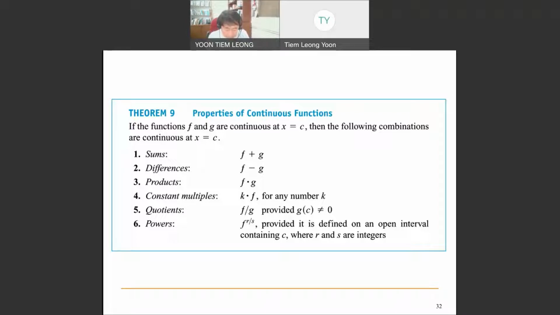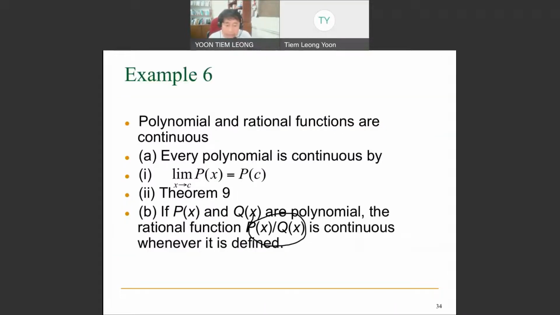Then theorem 9, the quotient rule, guarantees that if f and g are continuous, then their ratio is also continuous. Therefore, we are able to state that the rational polynomial is continuous whenever it is defined.